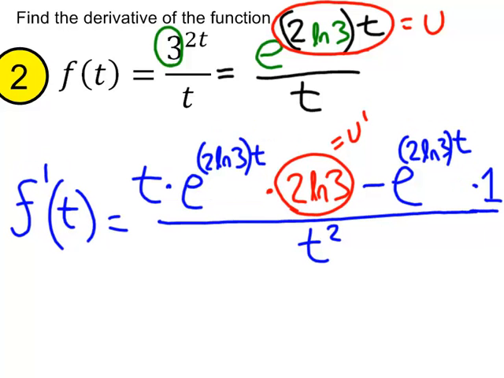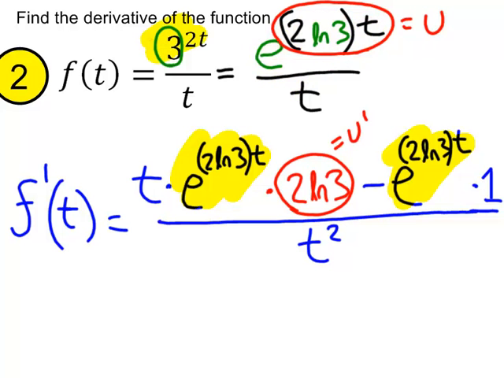Now I should point something out here. The whole purpose of us converting to base e was that we're familiar with deriving base e, and we wanted to make sure that we got the derivative of our u up there. We want to make sure that we got our u prime correct. However, when we're doing the quotient rule, for purposes of writing down our top function right here and right here, we didn't really have to use this version of the top function.